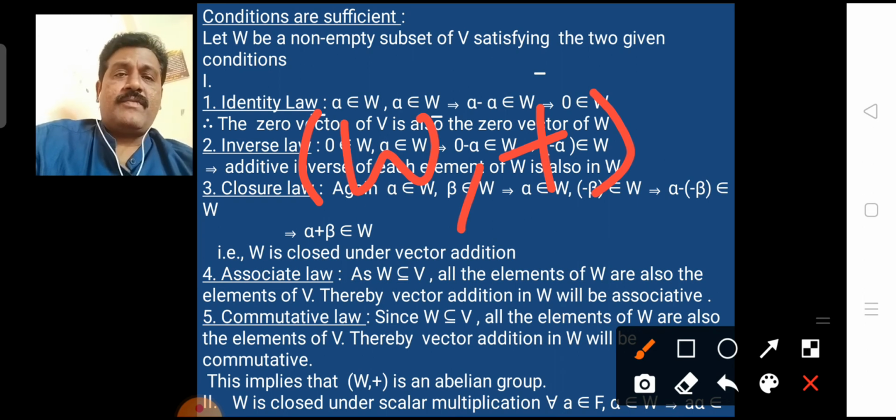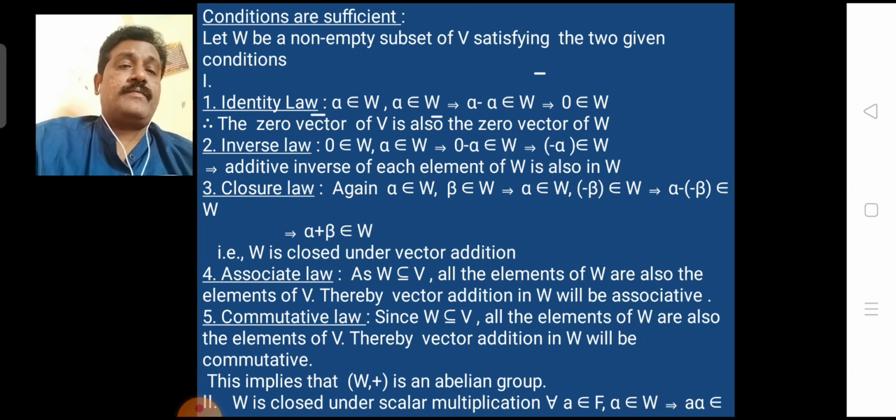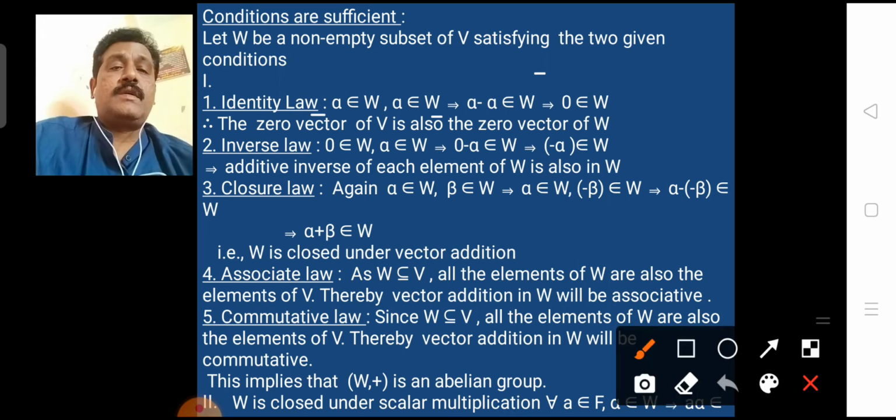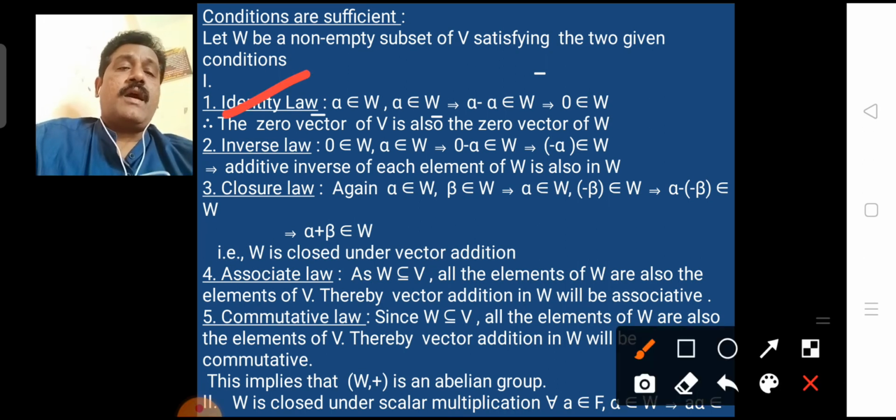For that, first one, identity law. Alpha belongs to W. By using the condition 1, alpha minus alpha belongs to W. That is, 0 bar belongs to W.